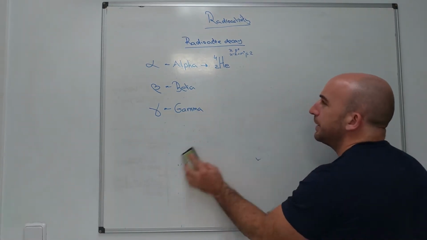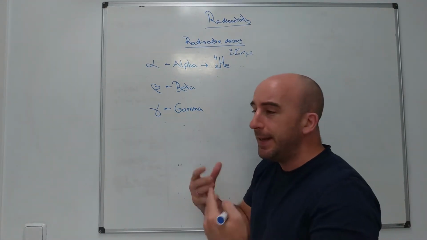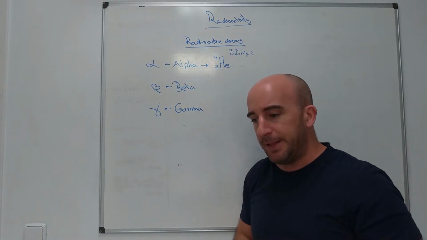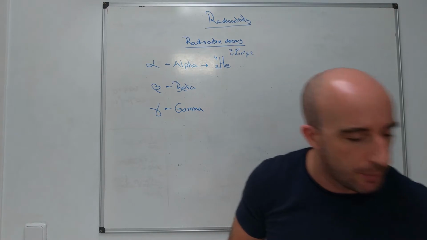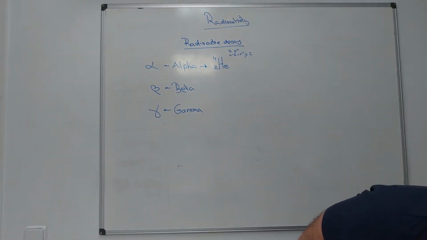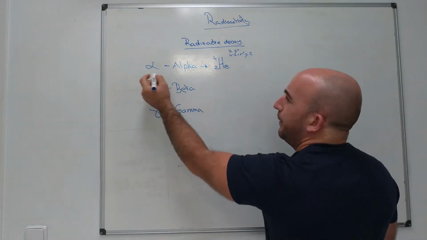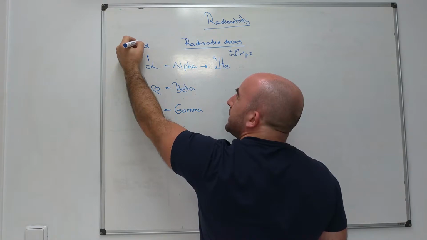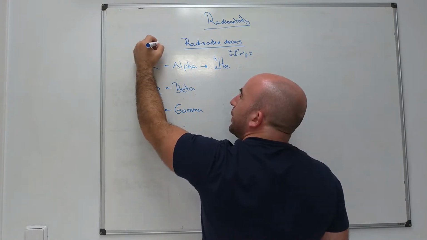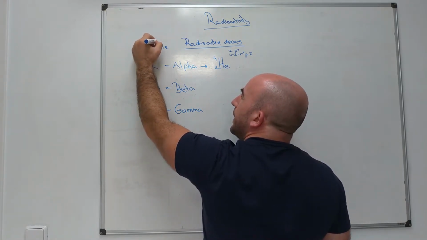Okay, so let's look at an example. That's in a negative beta decay, where it emits an electron, which is the most common one. So let's look at an example. If we said that this can be represented as either this, that, or this, okay?